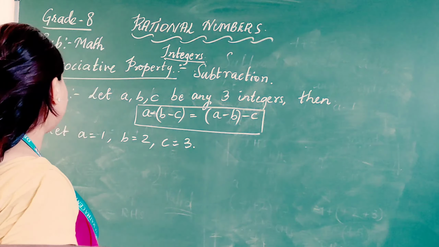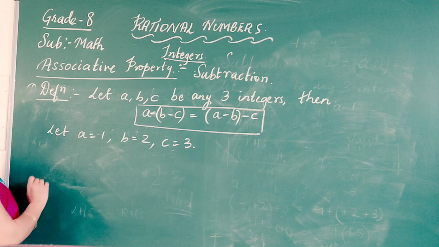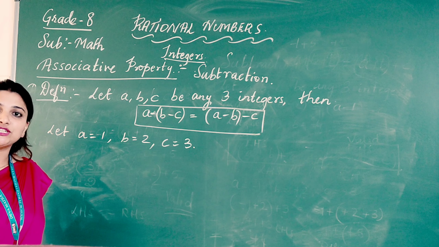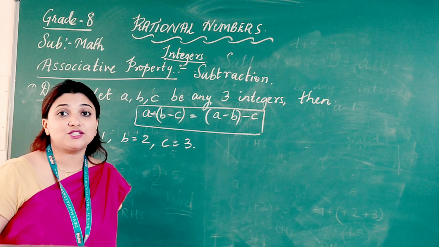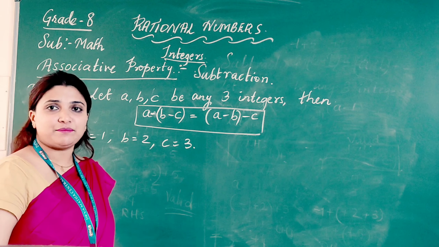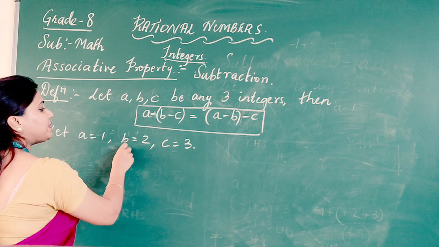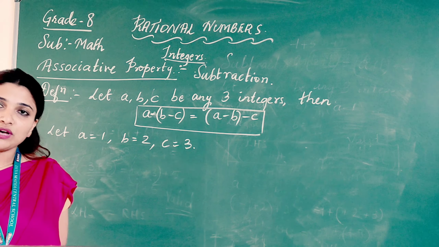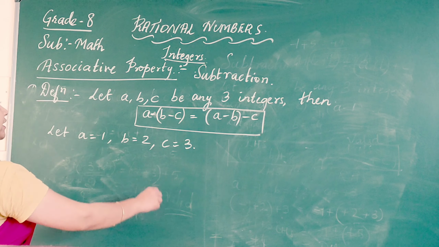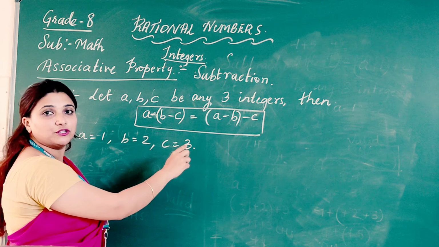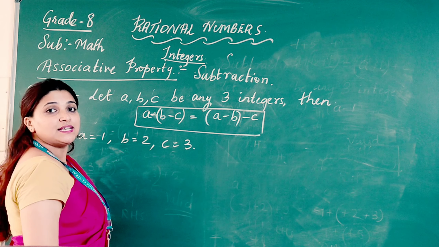Clear? Okay. Now, according to the formula, I have taken some integers. As I am dealing with integers, and I am still not dealing yet with rational numbers, first I am taking for integers, right? So let A is equal to 1, B is equal to 2, and C is equal to 3. Okay, so according to the formula, (A minus B) minus C is equal to A minus (B minus C).